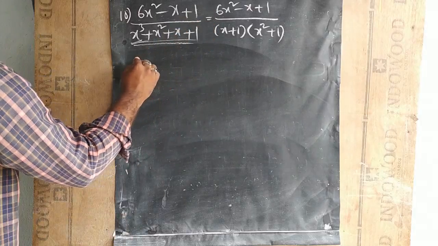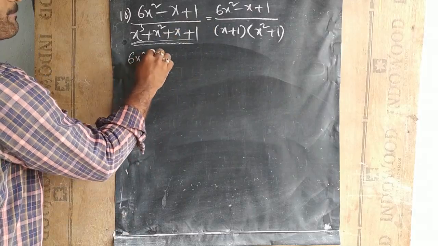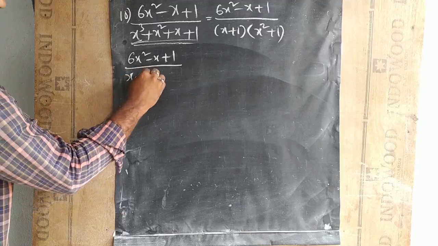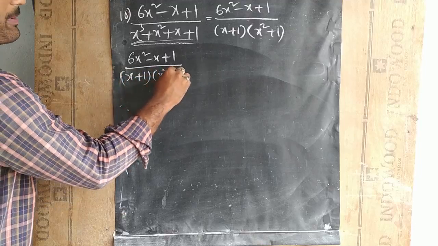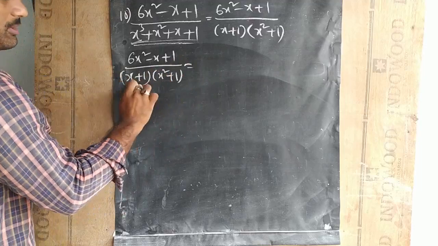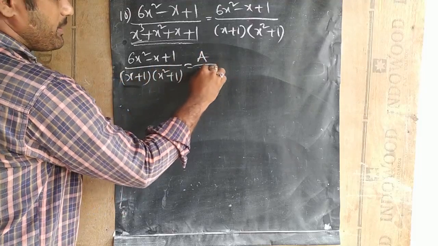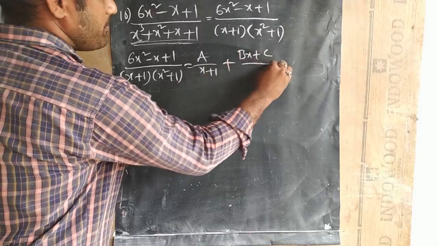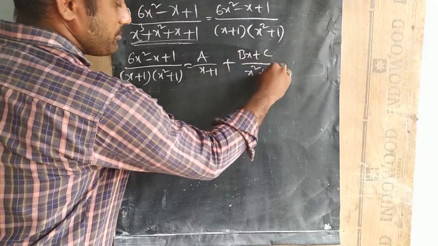Now, in the partial fractions, (6x² - x + 1) divided by (x + 1)(x² + 1) is equal to the normal linear A by (x + 1) plus (Bx + C) by (x² + 1).